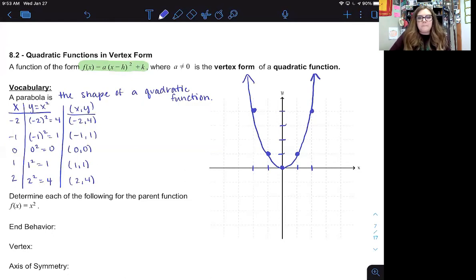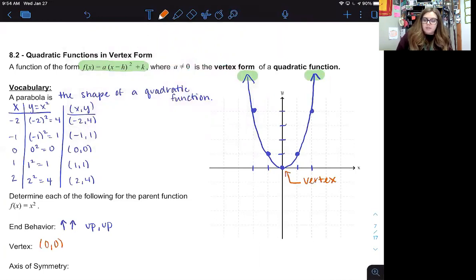Okay. All right, so now let's talk about the key features of this graph. First, review end behavior. Remember, in end behavior we're looking at our arrows at the top or the bottom. So this is going to be 2 arrows facing up. Our vertex is where the bottommost part of our graph is, which here is going to be 0, 0.